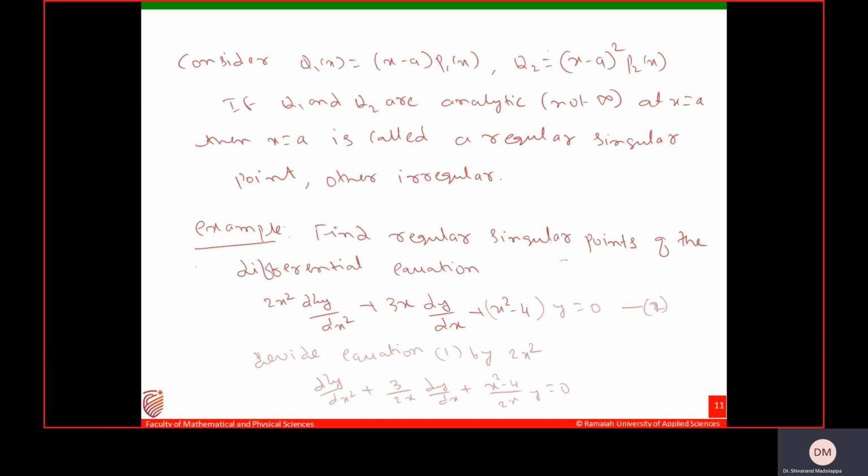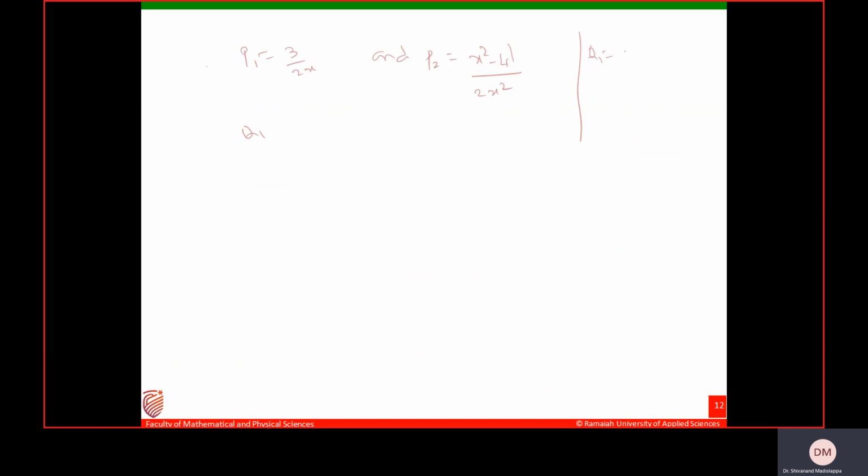We have to use this formula: q1 of x is equal to x minus a times p1 of x, and q2 is equal to x minus a whole square times p2 of x. This formula we have to use.